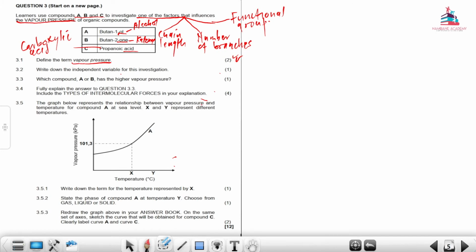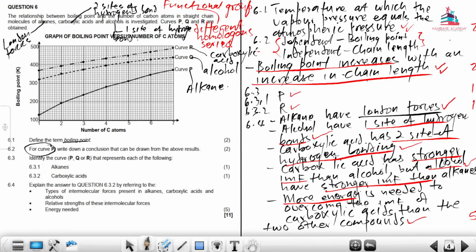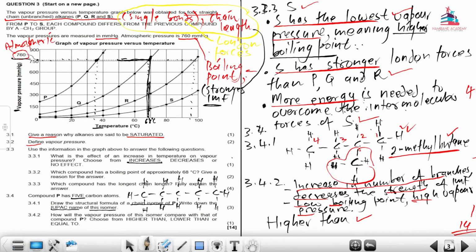Learn it, memorize, and ensure that you understand exactly what this definition means, because the questions will forever change, but they will change in such a way that you apply full understanding of your terms and definitions. Now majority of us were defining boiling point, but we never understood how to relate a boiling point with the vapor pressure until we addressed this specific problem.